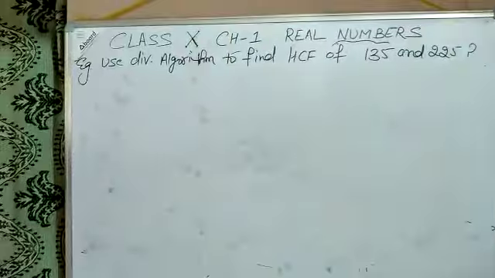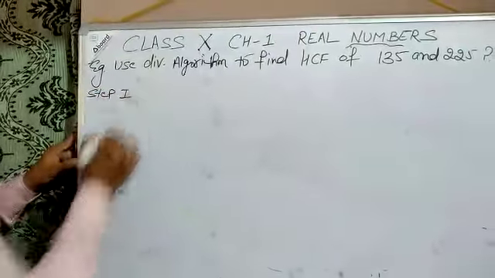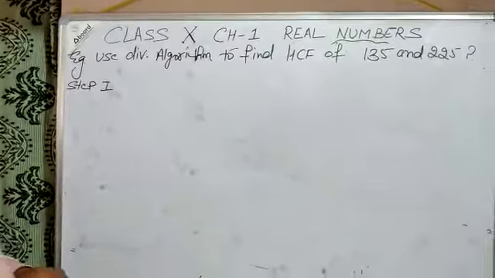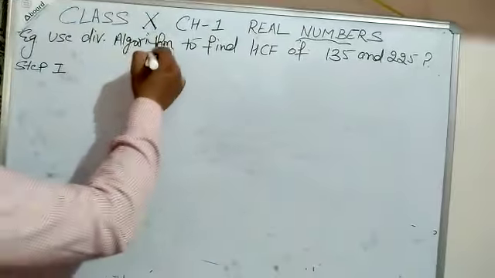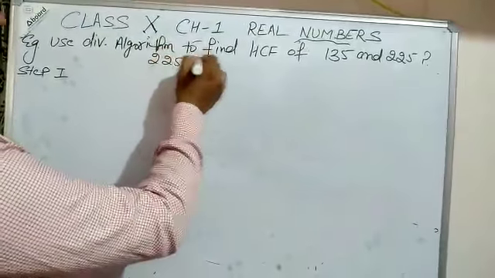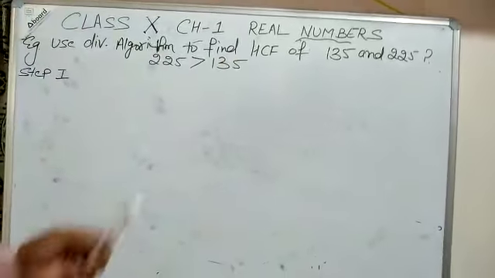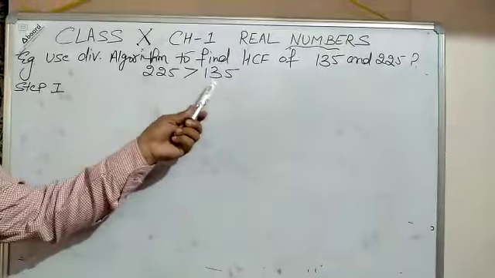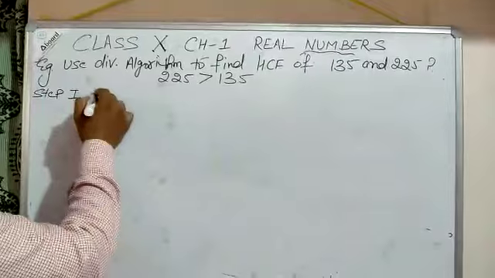Let us start. Step number 1. Before starting, it is important to understand which of these two numbers is greater. Clearly 225 is greater than 135. The greater number is our dividend and the smaller number is our divisor. So let us apply the division lemma.